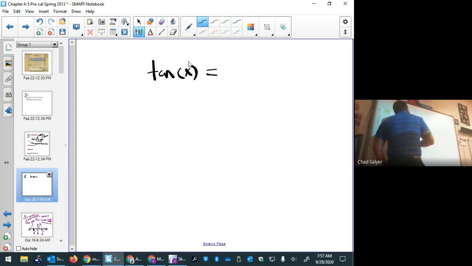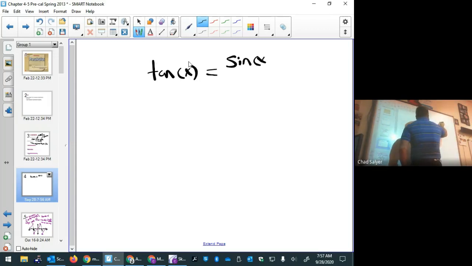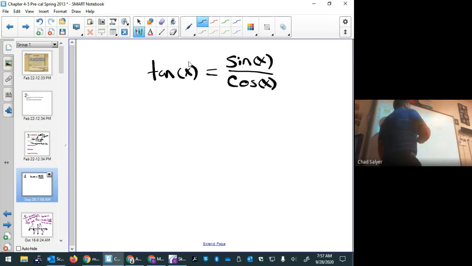One of those identities that's going to be particularly useful to us here is that the tangent of x is always equal to the sine of x over the cosine of x. So the tangent equals the sine over the cosine. That's just going to make our life a little easier to know.